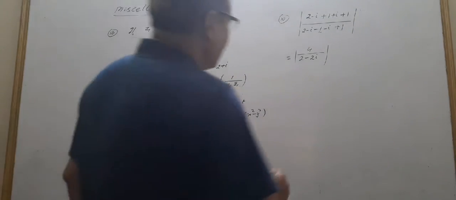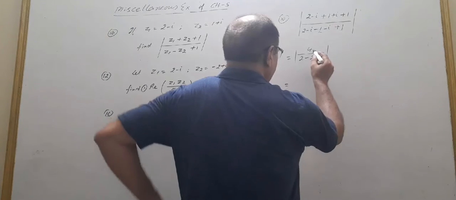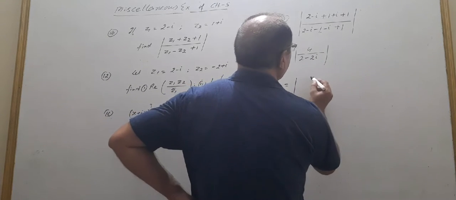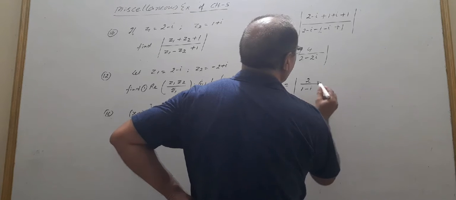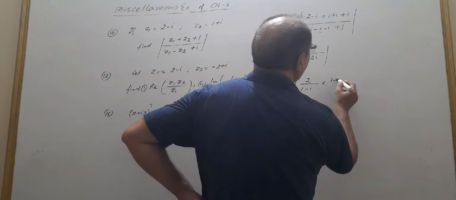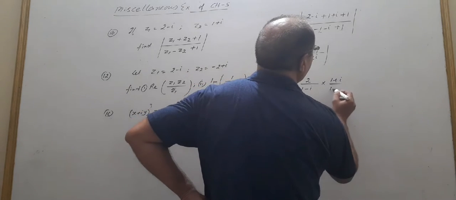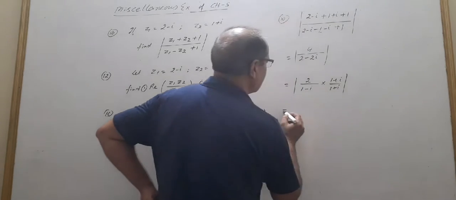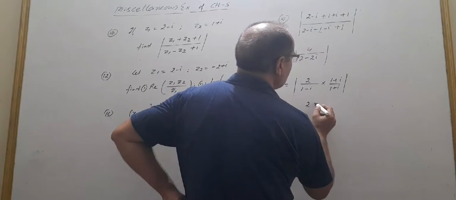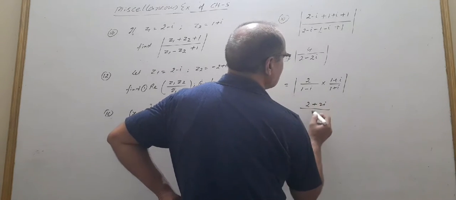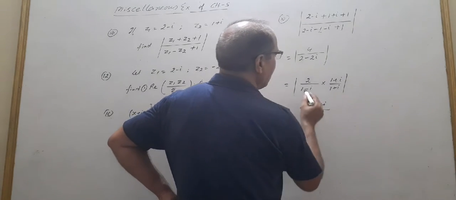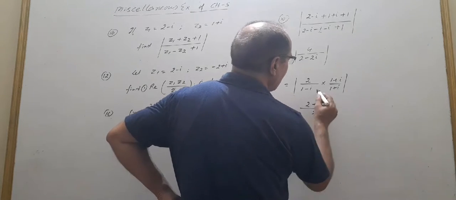Now, taking 2 common, here we are left with 1 minus iota. Write it in the proper form by rationalizing this, mod as it is. In the numerator this becomes 2 plus 2 iota, multiplying, and in the denominator, a plus b into a minus b equals a square plus b square in the case of a complex number.